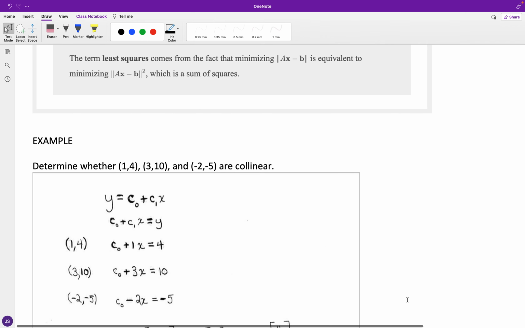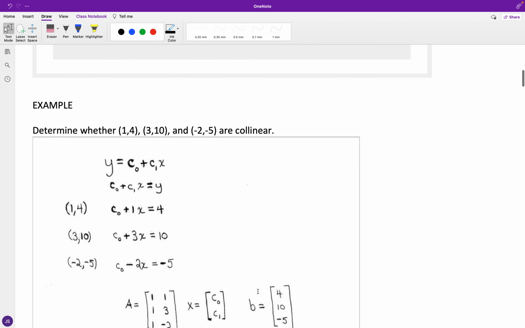So regarding the ordered pair (1, 4), we have 1 c0 + 1 c1 = 4. For (3, 10), we have c0 + 3 c1 = 10. And with (-2, -5), we have 1 c0 - 2 c1 = -5.